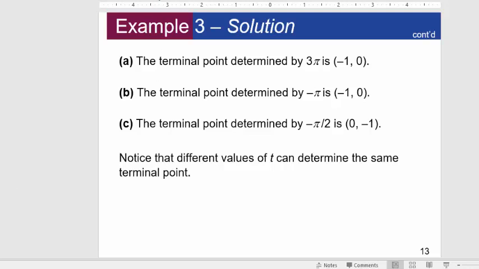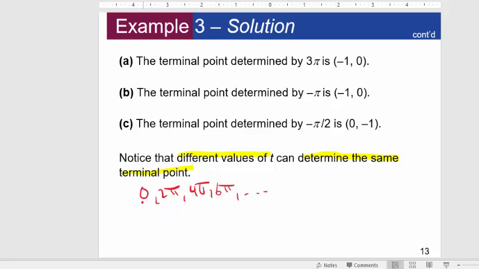So again, the key here is different values of t can determine the same terminal point. And what are specific examples of that? 0, 2 pi, 4 pi, 6 pi, and so on are all coterminal.